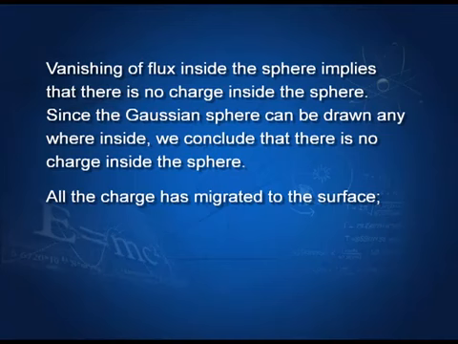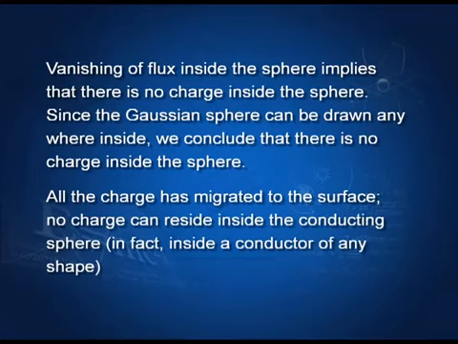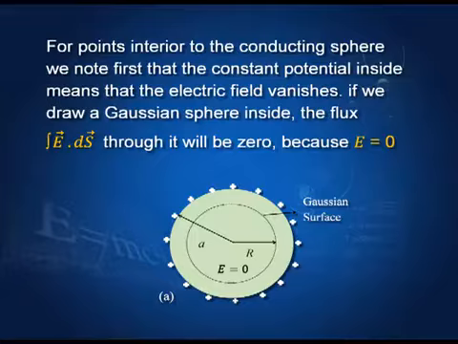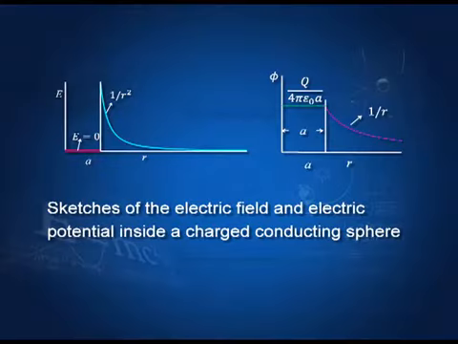In fact, you take any conducting surface, the charge will be only on the surface, no charge inside, because if you draw a Gaussian sphere inside, because of constant potential, the electric field will be 0, which implies that q is equal to 0.